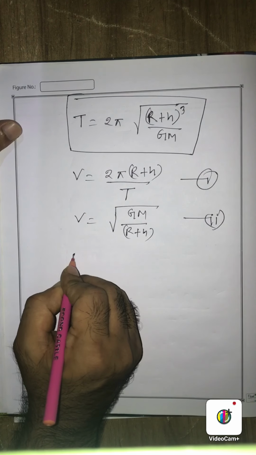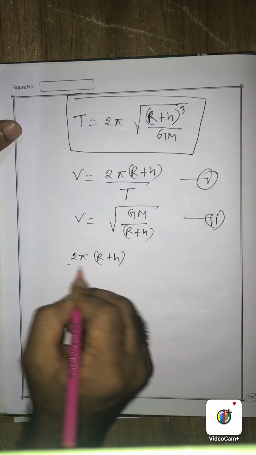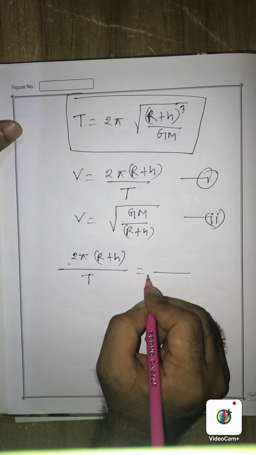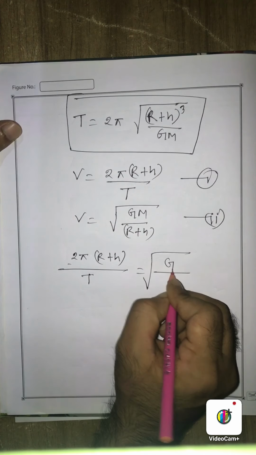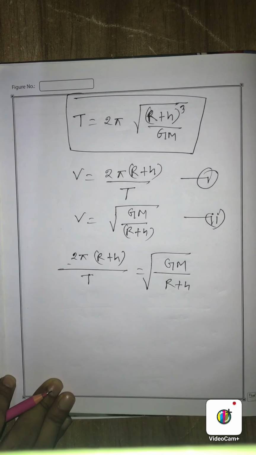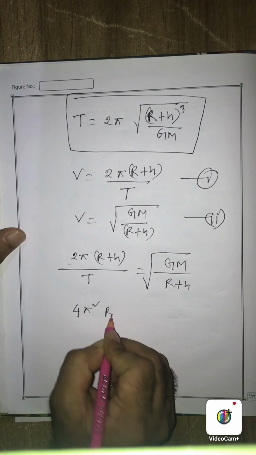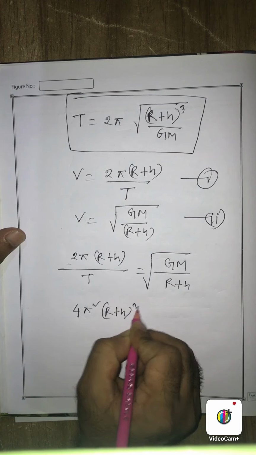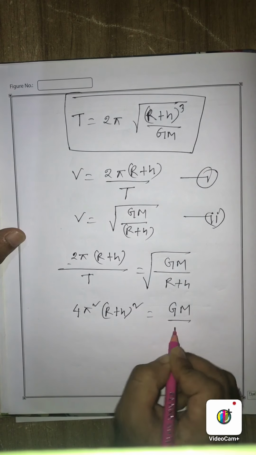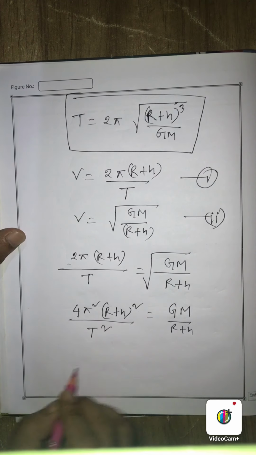Now squaring both sides, 4π squared (R plus H) whole squared equals GM divided by (R plus H) divided by T squared.